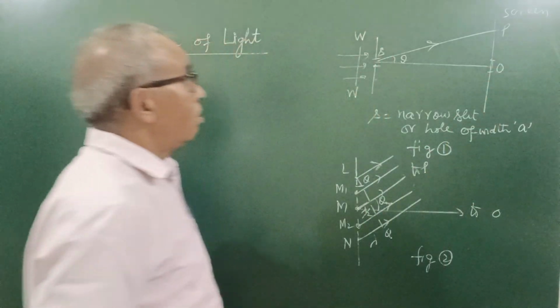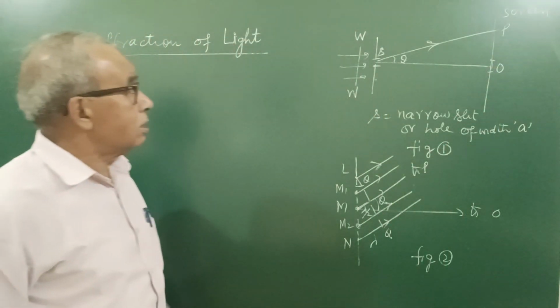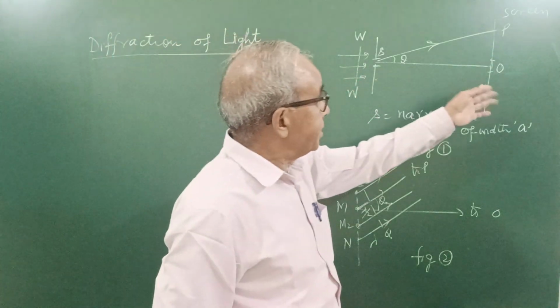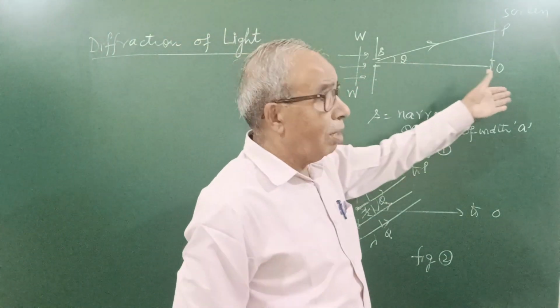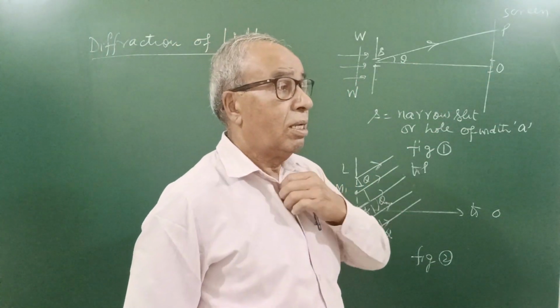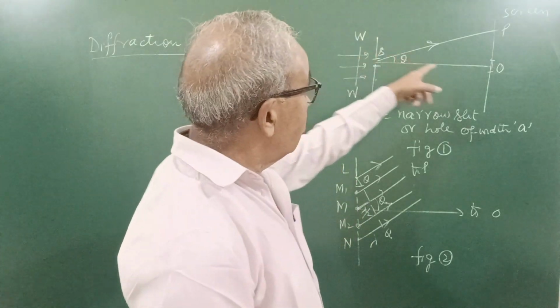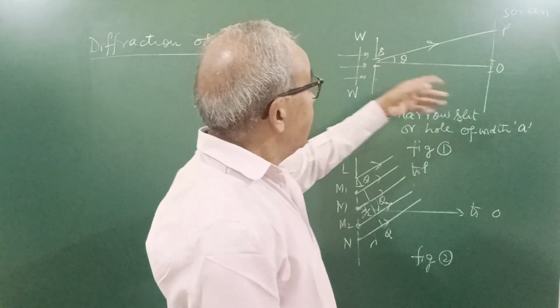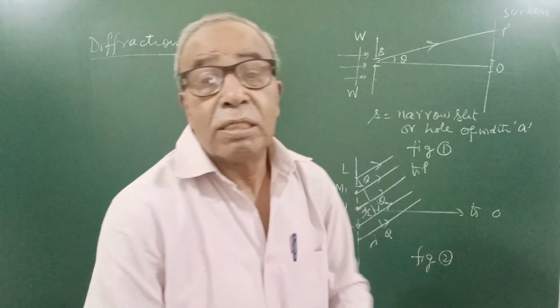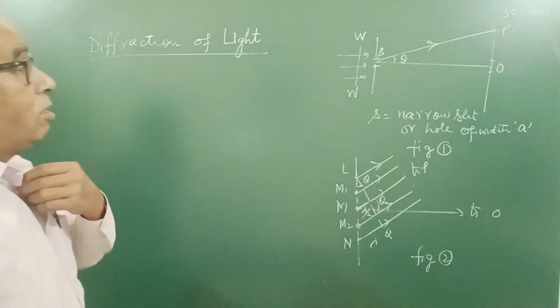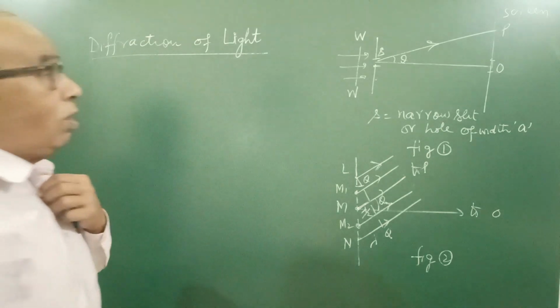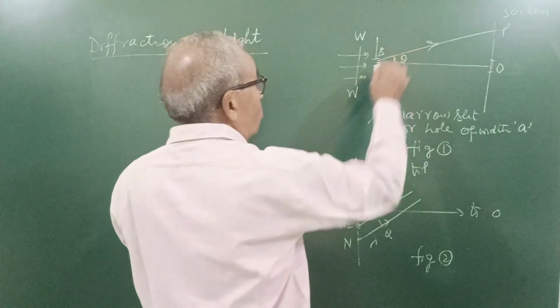But after passing through the slit, light goes beyond the limit of ray optics, which means it enters the shadow in one sense. This phenomenon is diffraction of wave, and this theta is called angular spread.